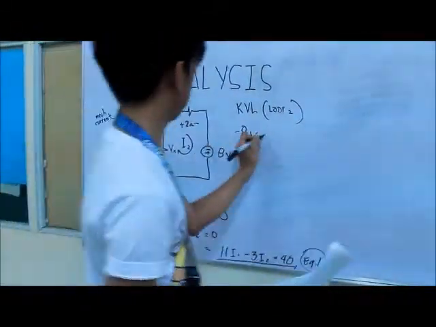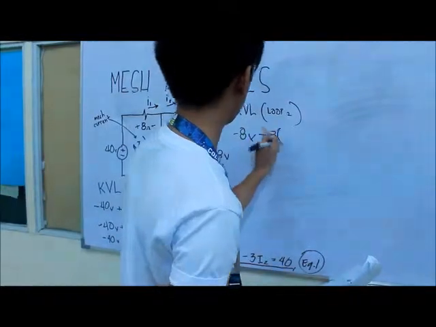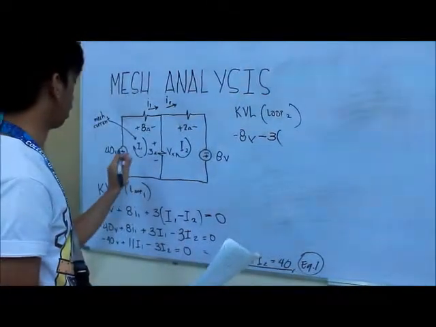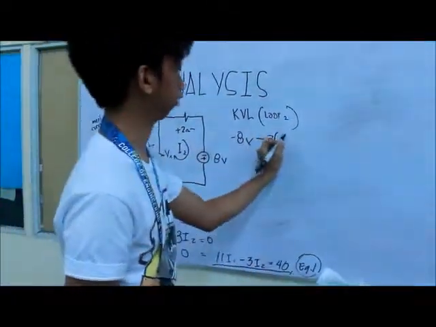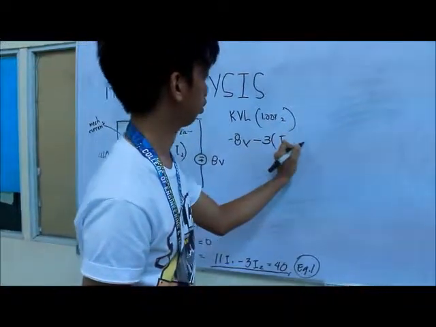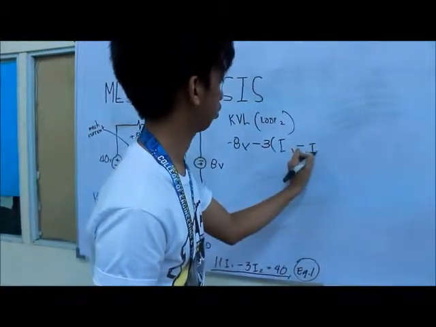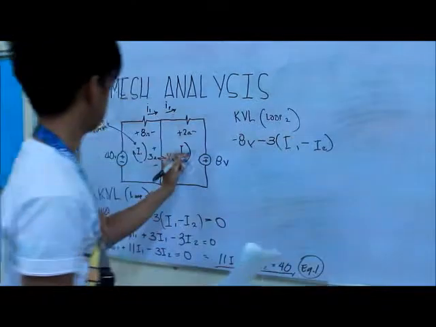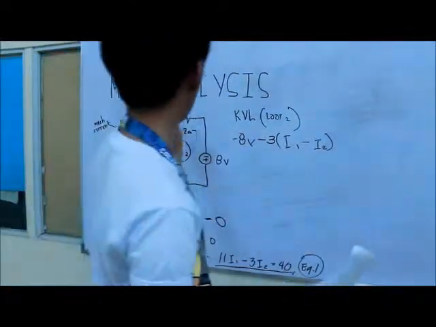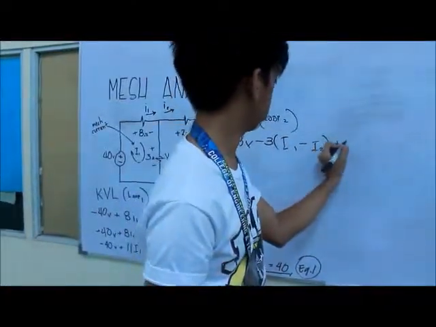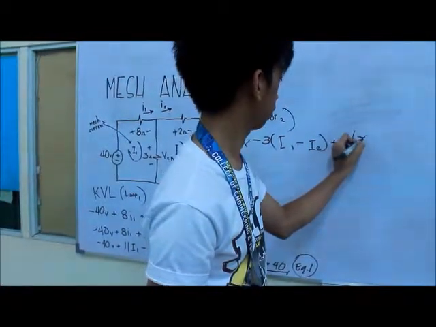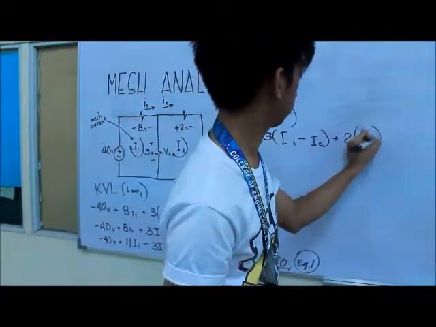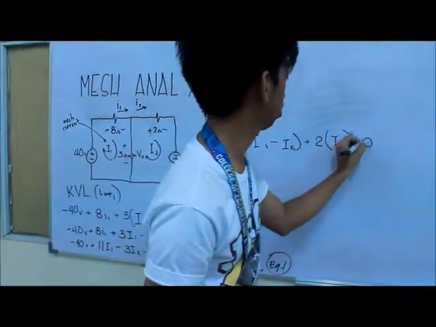Minus 3 times I1 minus I2 plus 2 times I2 equal to 0.